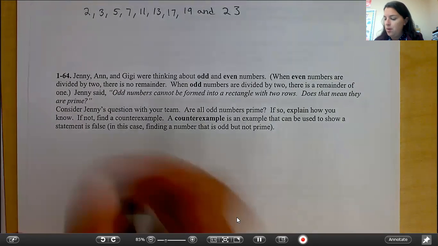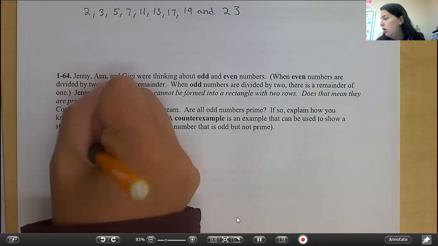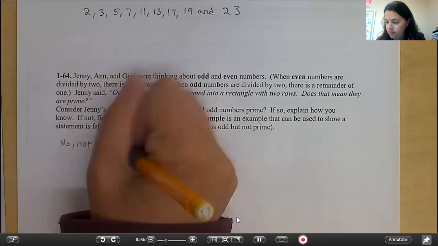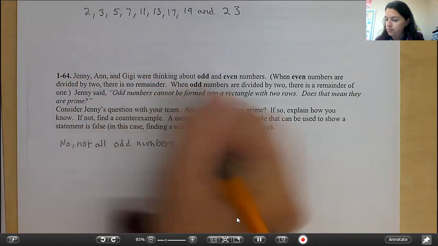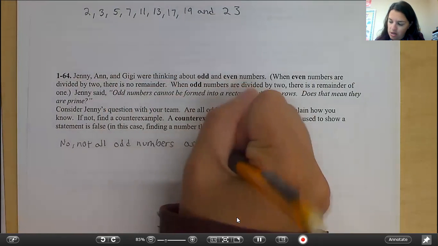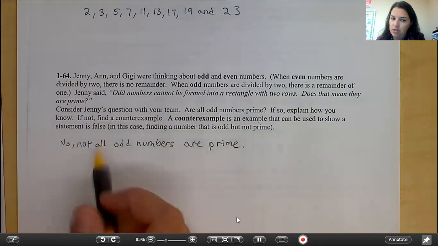Okay, if you're back with me, you came up with your answer for 164. So no, not all odd numbers are prime. Then you should have come up with a counterexample, which again is an example that can be used to show that that statement is false.